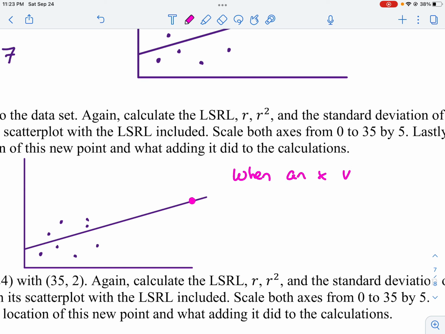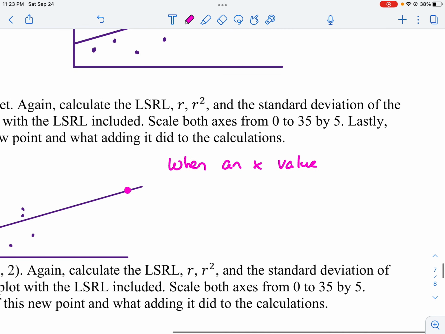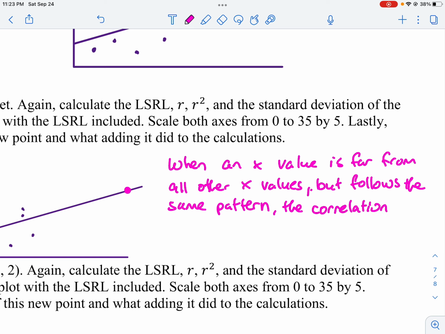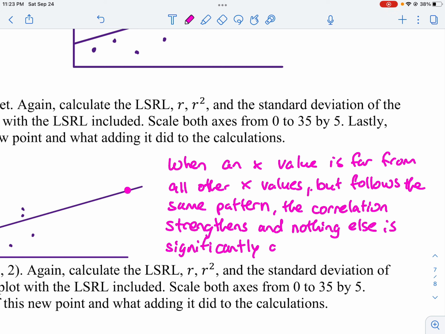When an x value is far from all other x values, but follows the same pattern, the correlation strengthens and nothing else is significantly altered.